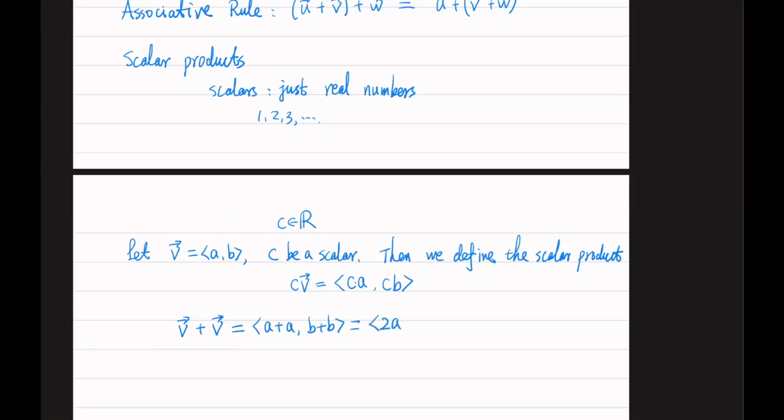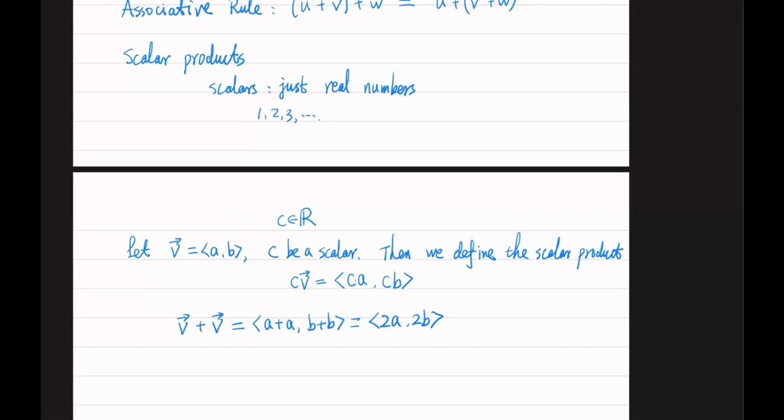The scalar will be 2 times a and 2 times b, like a 2 times enlargement. So we can use addition or scalar multiplication. In these two cases, we get the same answer.